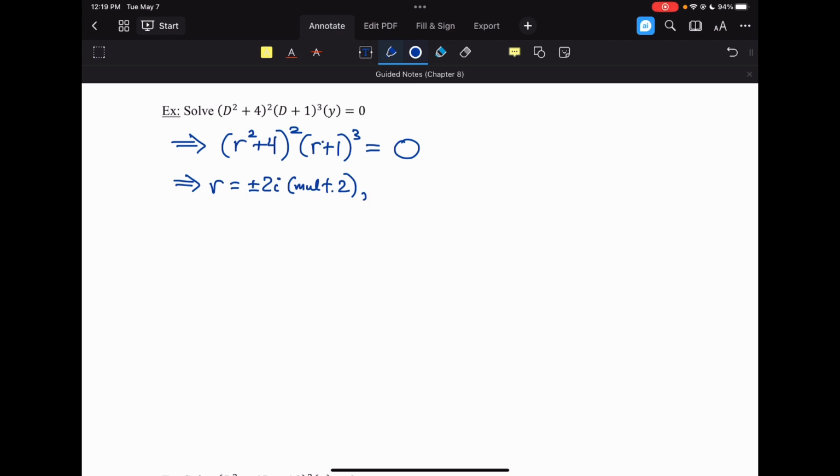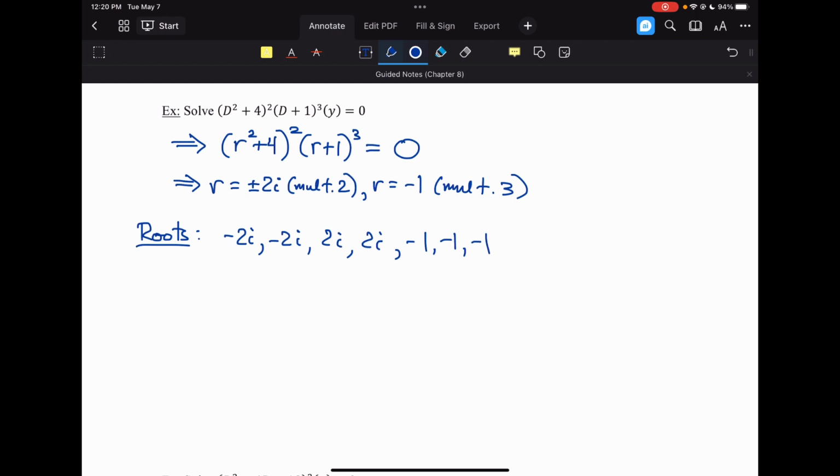And this one solves normally. We got r equals negative 1, but it has a multiplicity of 3. So really, if we look at all of the roots here, we have a negative 2i, a negative 2i, a 2i, a 2i, a negative 1, a negative 1, and a negative 1.